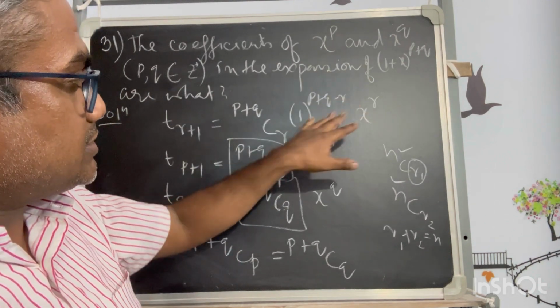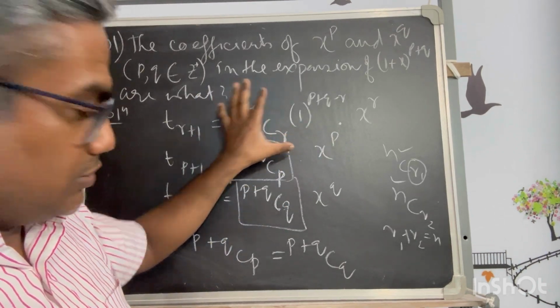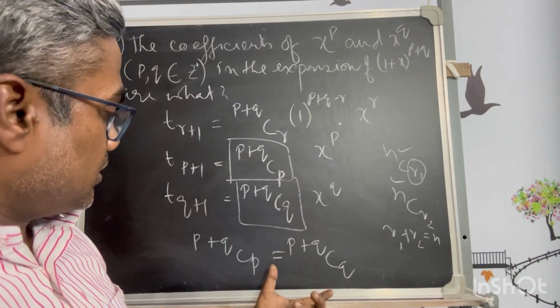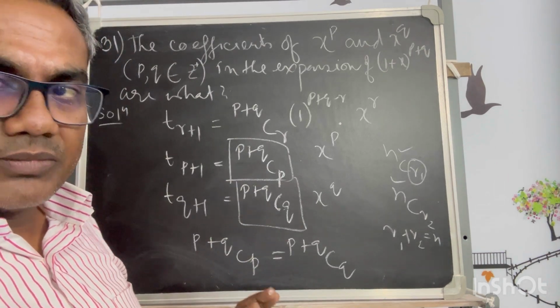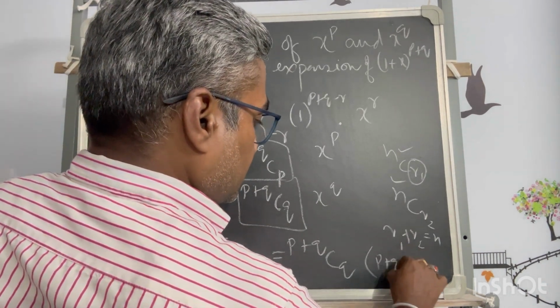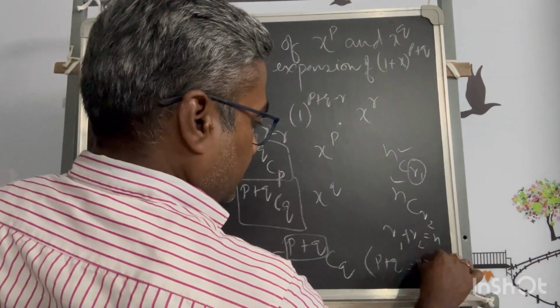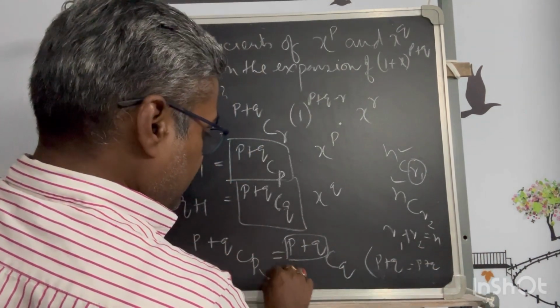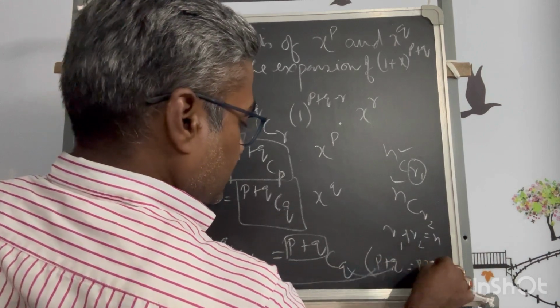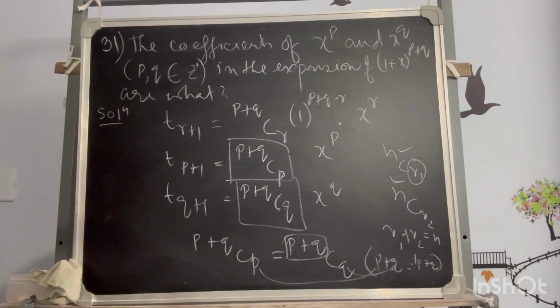So in both cases 1 will be 1, and they remain with the binomial coefficient only. So the binomial coefficients of these two terms are equal, as p plus q will give you this power. The indices of this and this together will give you the whole power. So in that concept we can say this is equal.